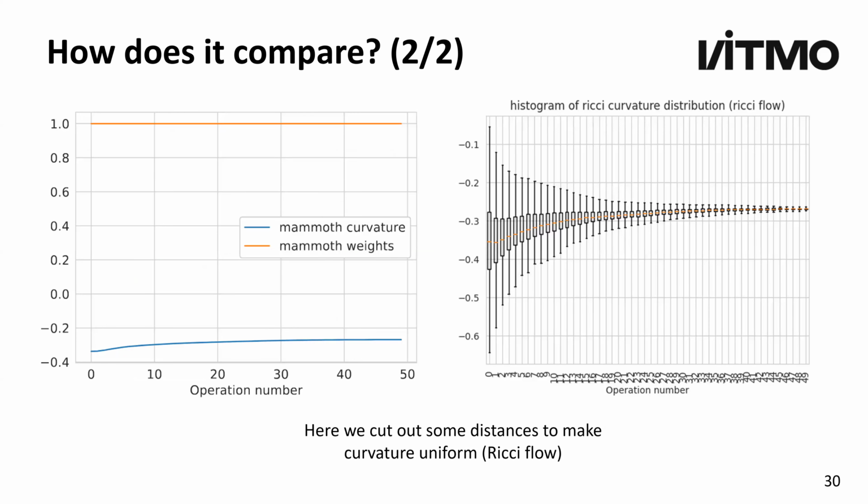And if you perform a Ricci flow, if you try to make the curvature really constant in your graph, it's called a Ricci flow procedure. And there are several discrete analogies of Ricci flow. You just see that the curvatures are also negative.